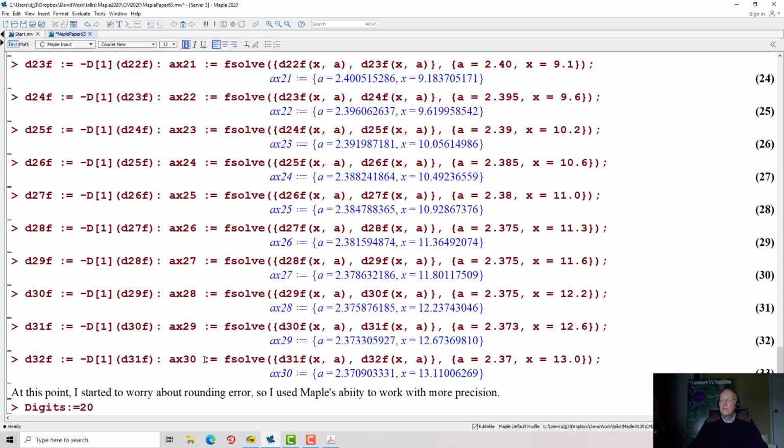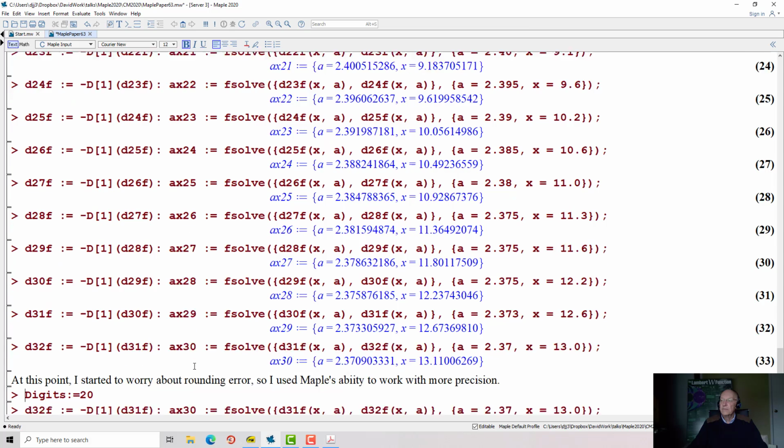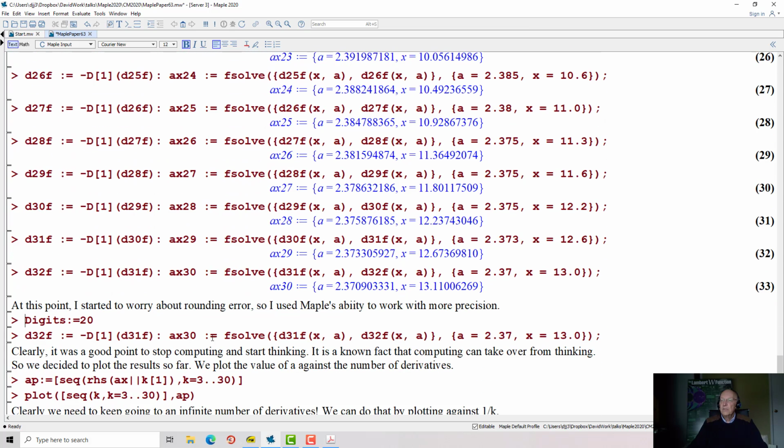So there I've calculated my way to 30 derivatives, which of course required 32 derivatives to find the critical point of the 30th derivative. At this point, it occurred to me that I ought to check on the numerical procedure itself. How much is the rounding error going to vitiate my results? That's not a great problem for me.